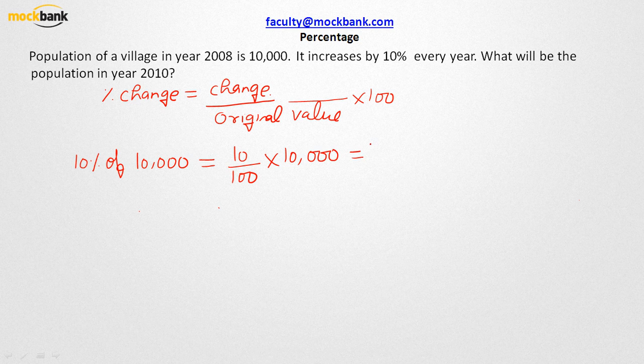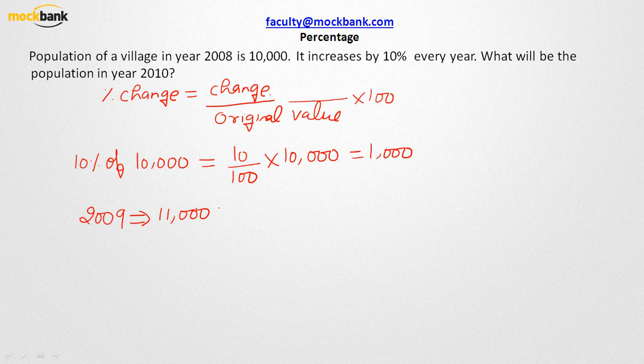If you solve it, it comes out as 1,000. And this is very simple to understand, right? So the population in 2009 would become nothing but that 10,000 was the original population, and this population comes out as 11,000.